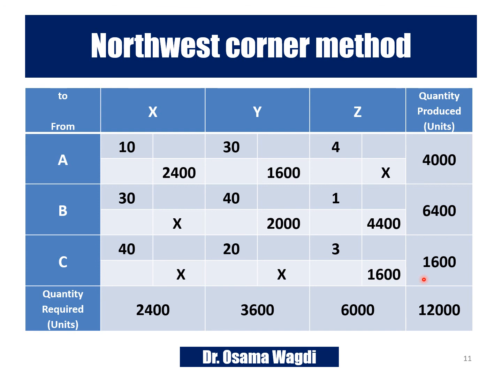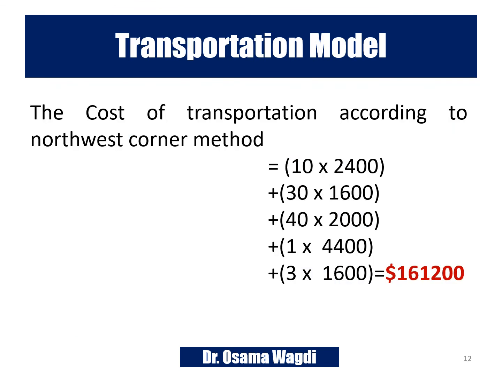And like we said in the previous videos, when the last two numbers are the same, then my solution is correct. So the final result from this method, the northwest corner method, will be 161,200.